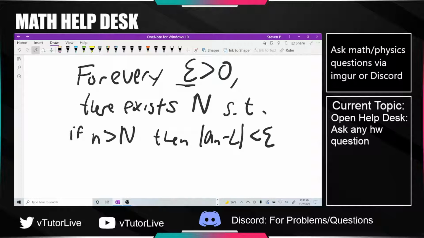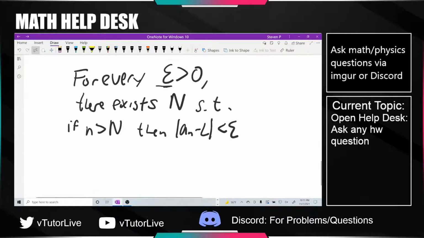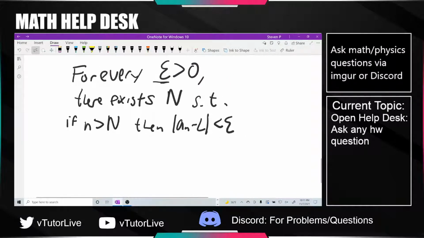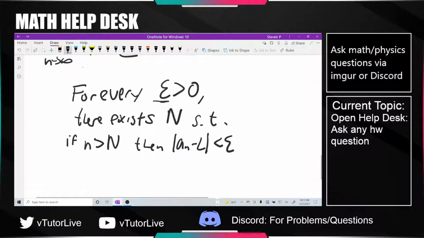So we're going to draw a similar picture to what your professor drew, but we're going to try to explain it very step by step, right? So we start with this idea of a limit L. This is sort of the value that a sequence is potentially approaching, right?